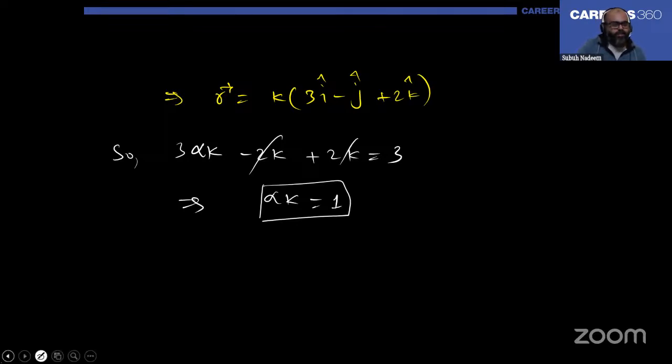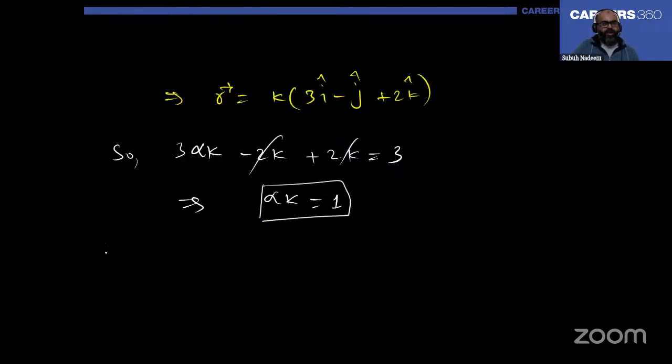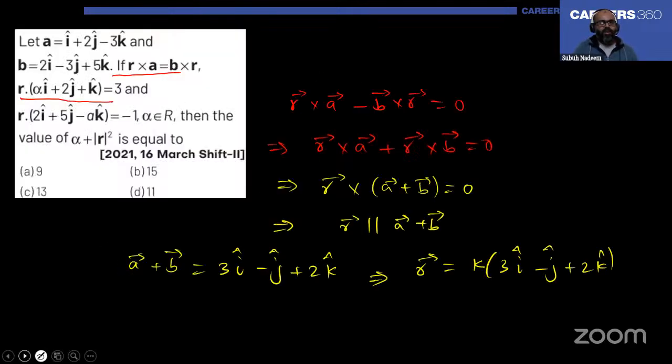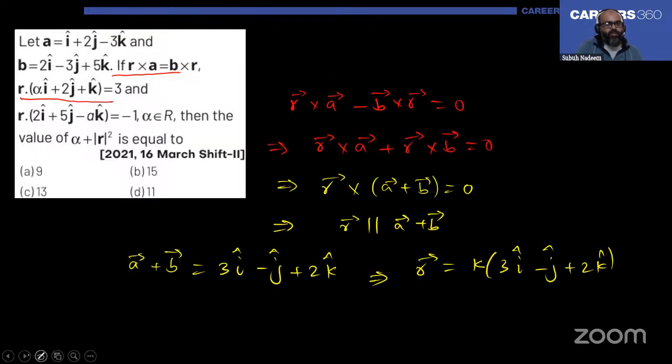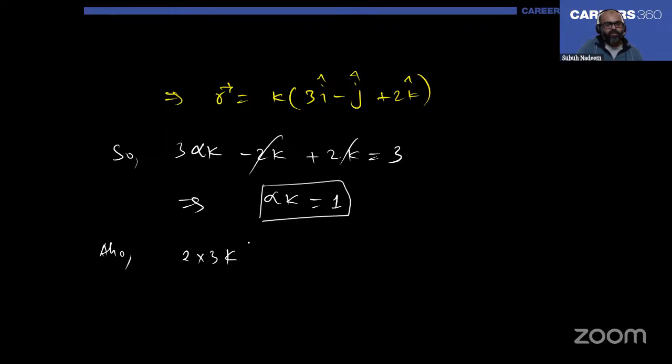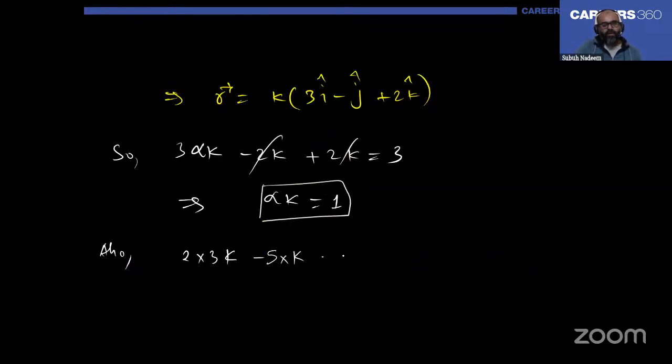Now, if we see the other condition, it is R dot (2i cap plus 5j cap minus alpha k cap) is equal to minus 1. So when we do this, what will happen? It will be 2 into 3k, and 5 into minus k, and then minus alpha into 2k.